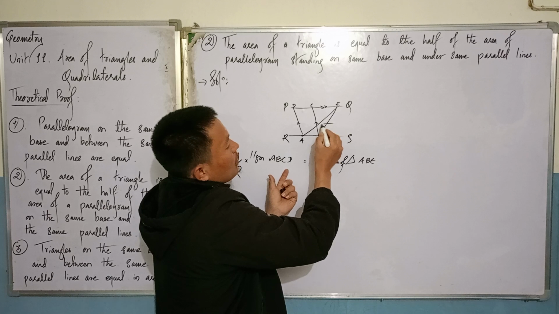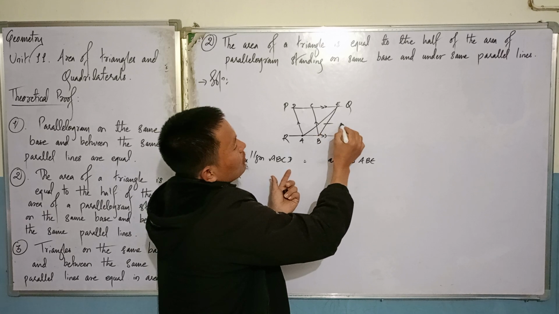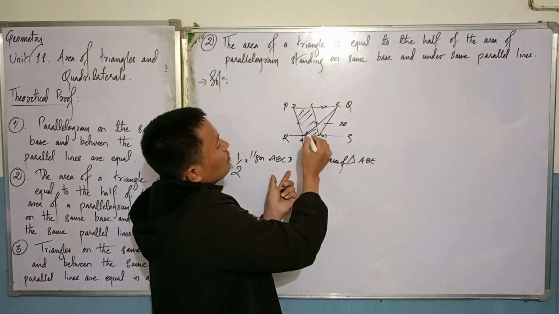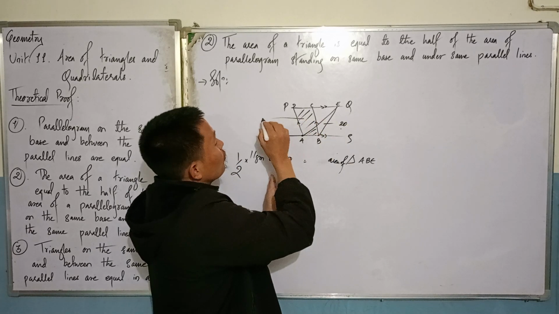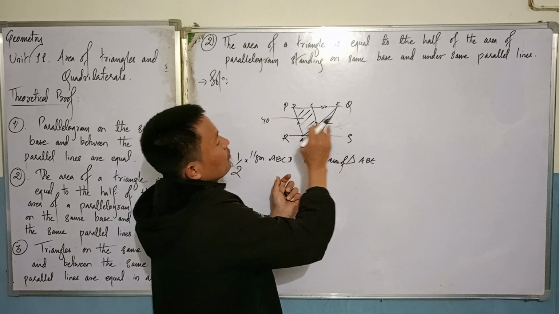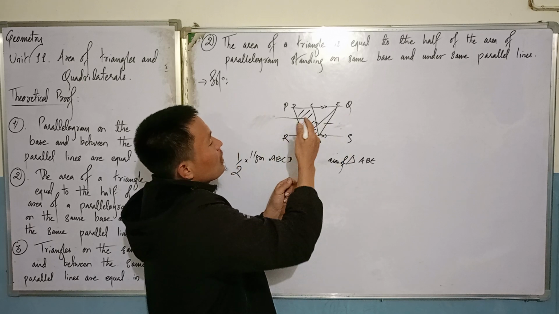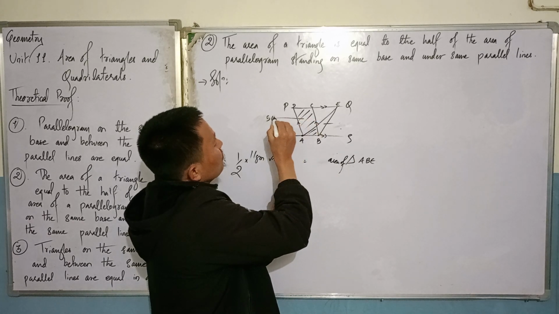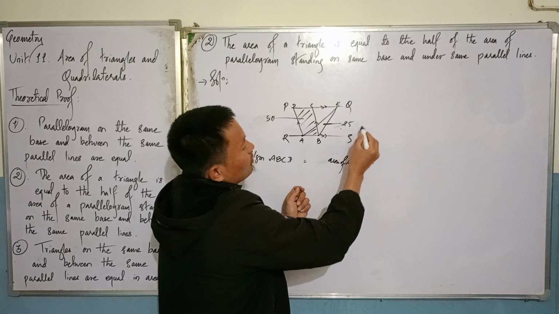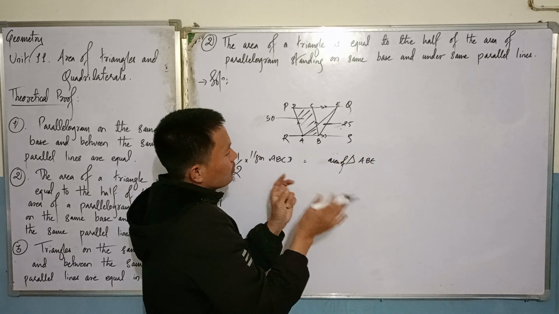For example, if the area of this triangle is 20, then the area of the parallelogram will be just double of 20, that is 40. For the sake of argument, if the area of this parallelogram is 50, then the area of this triangle will be 25 square units.